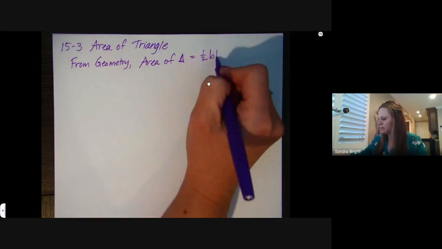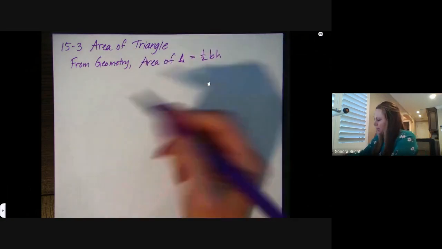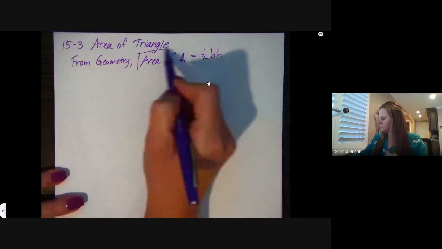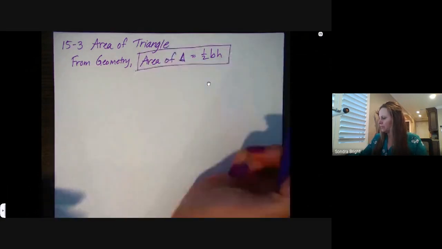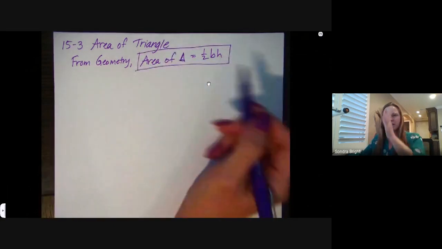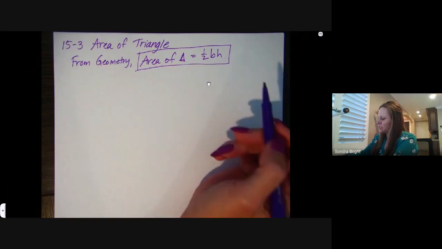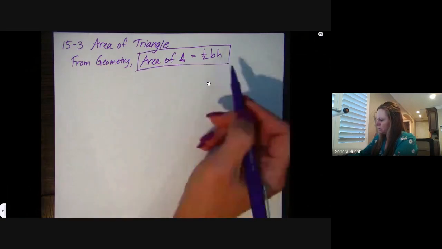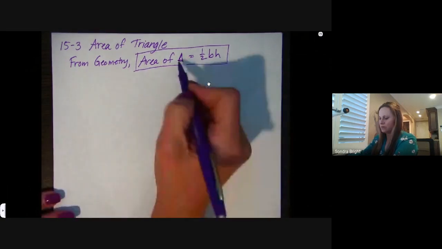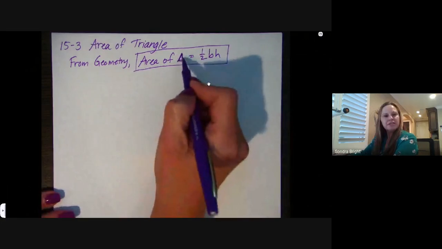And that works best, of course, on a right triangle, because you can get the height. But what about when it's not a right triangle? Then you'd have to find the altitude of the triangle. You'd have to find that height. So this one does work best on a right triangle, or if they give you the height or altitude of the triangle. But here's another formula.